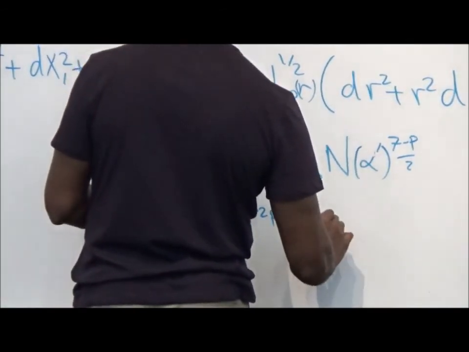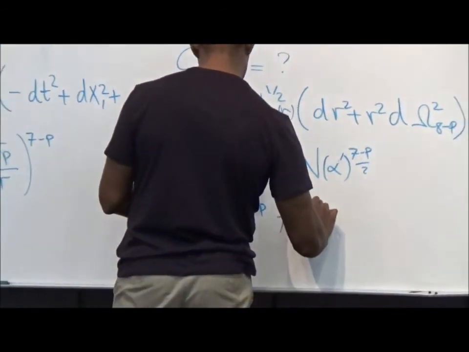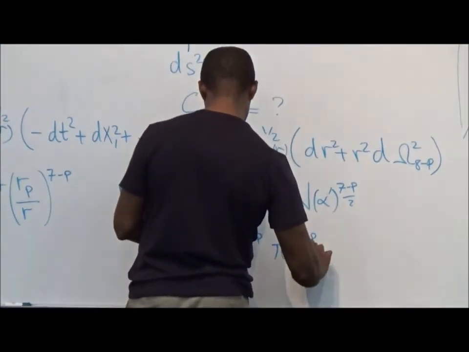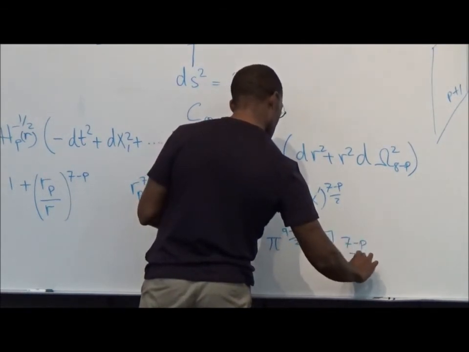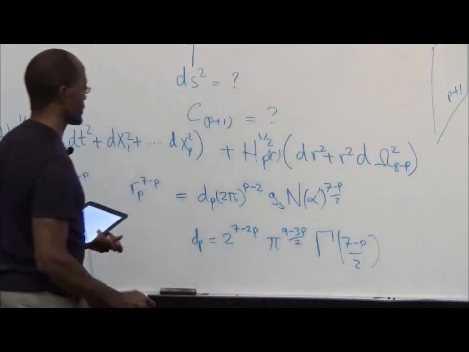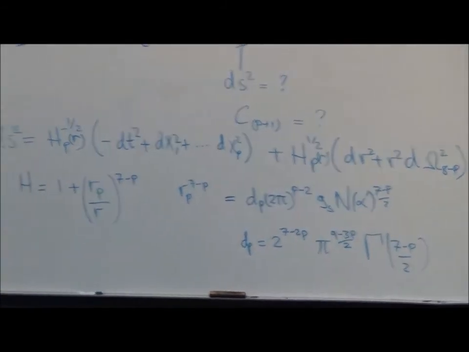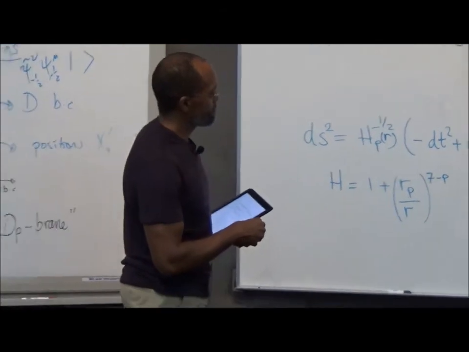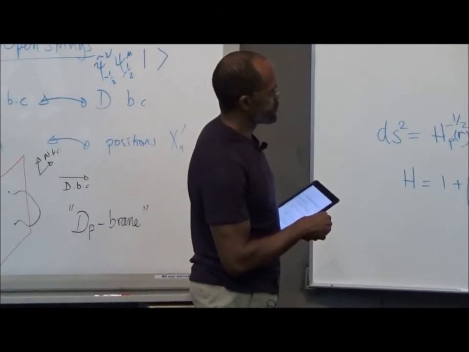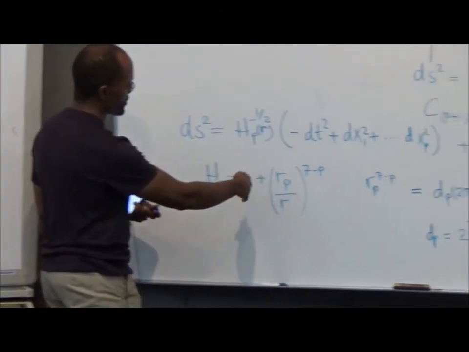Which, once upon a time, I used to carry that in my head, but I don't. So, it's a bunch of numbers, but at the end of the day, I think you can see that the structure of this is sort of not unreasonable.